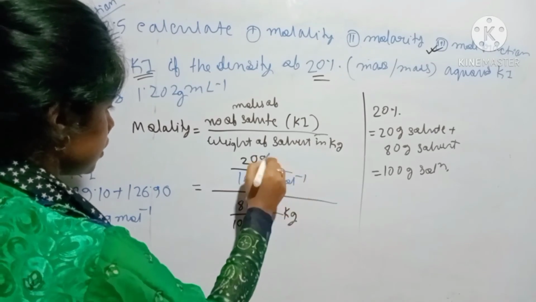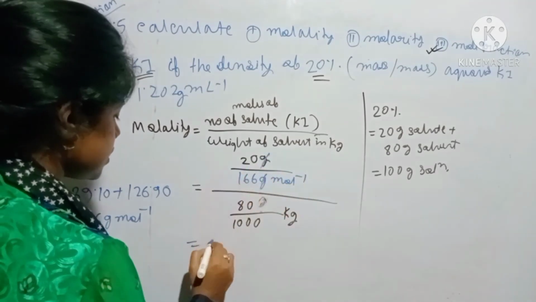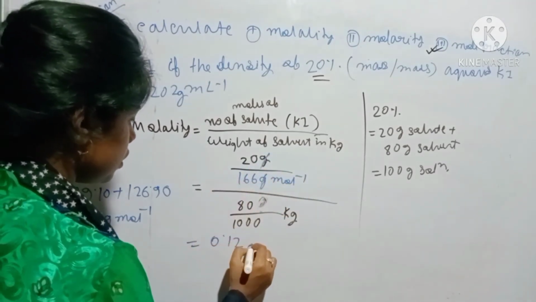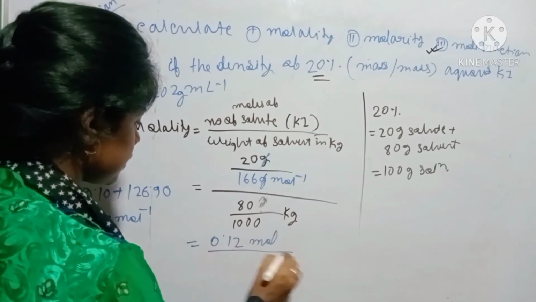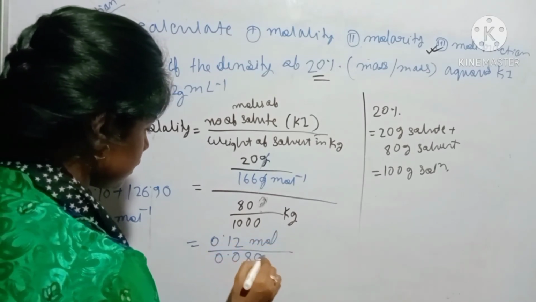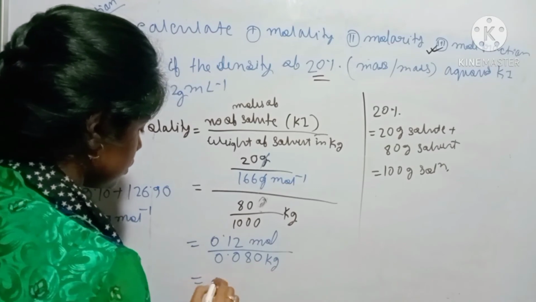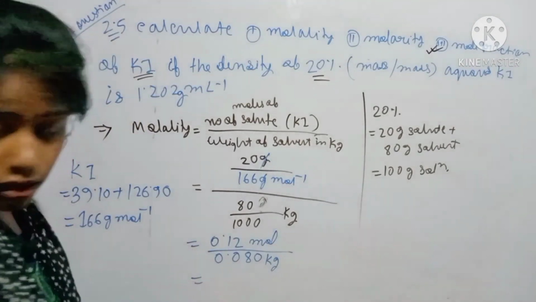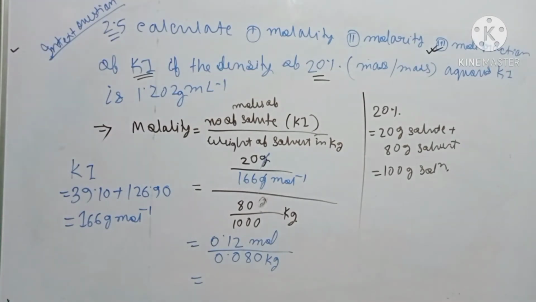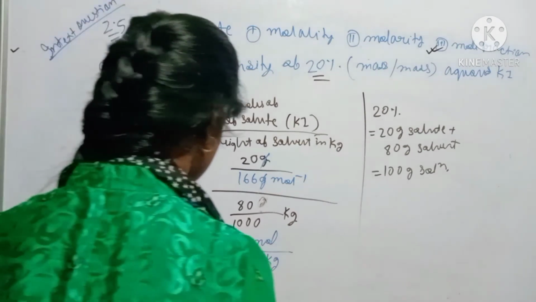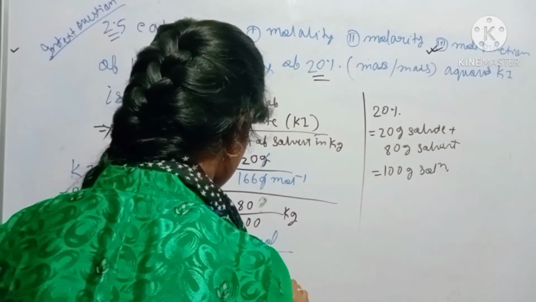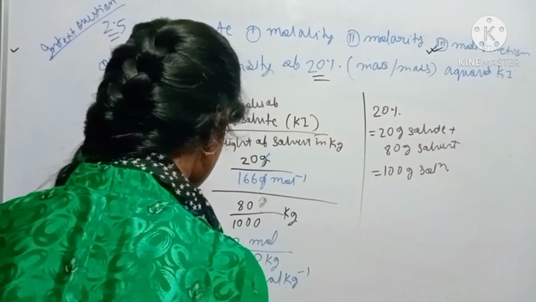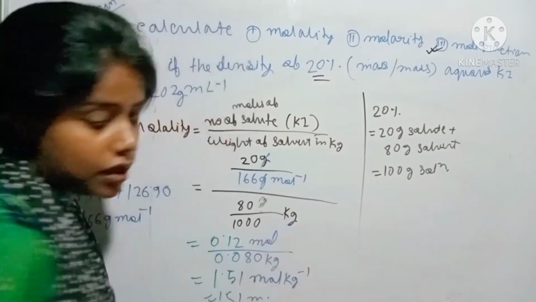If we calculate this, it's around 0.12 mole and the solvent is 0.080 kg. So the answer is 1.51 m, 1.51 mole per kg.